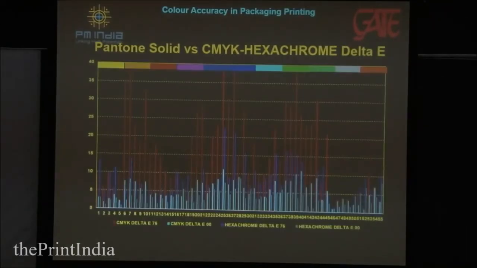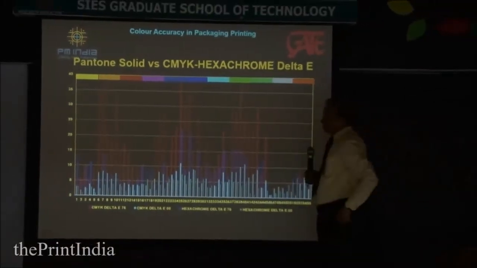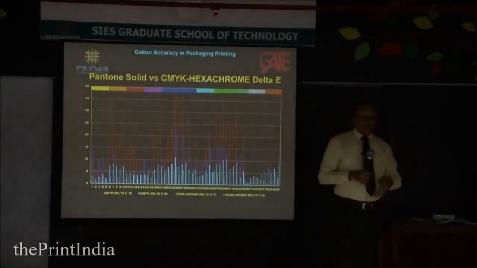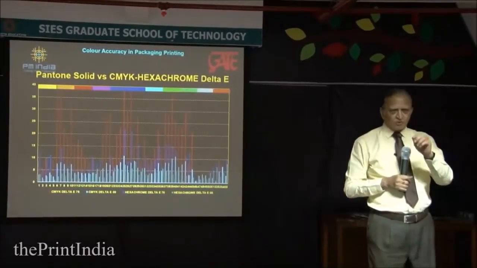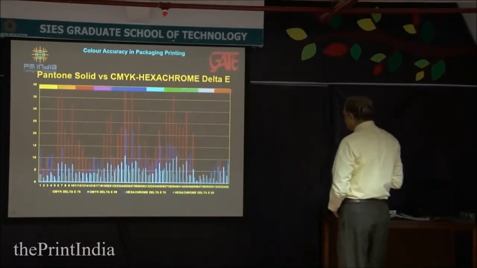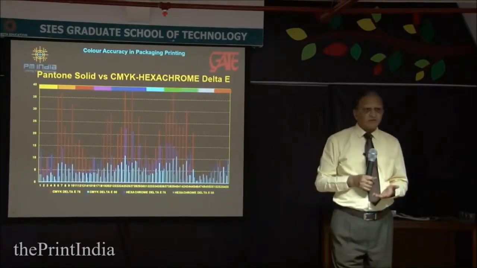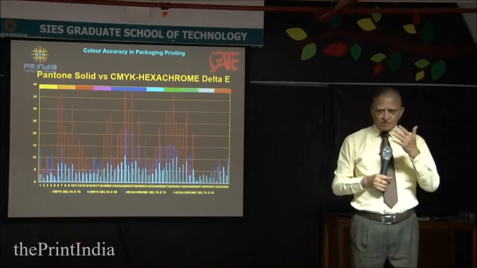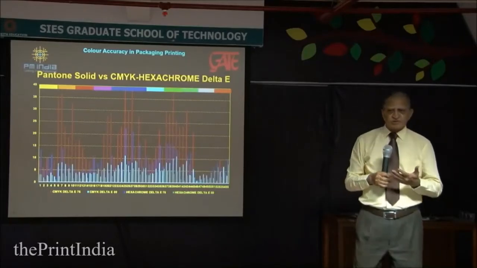So you can see I measured 55 different Pantone colors, and you find especially in the orange, blue and green, it goes to the delta E of 40 of solid color versus Pantone Hexachrome versus 4 color combination. So when they say we match 90%, to print 90%, but there is no match. That is why in packaging we still need to use special color. You cannot produce packaging jobs using 7 color.